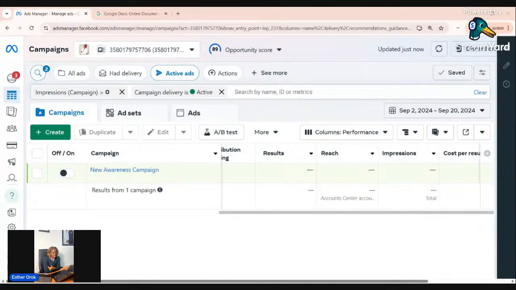Whereas if that was an ad that I was running to sell a plot of land, I would probably be spending around 200, 300, 500, 1,000 naira per click to land on my WhatsApp or to fill my pre-qualification form.